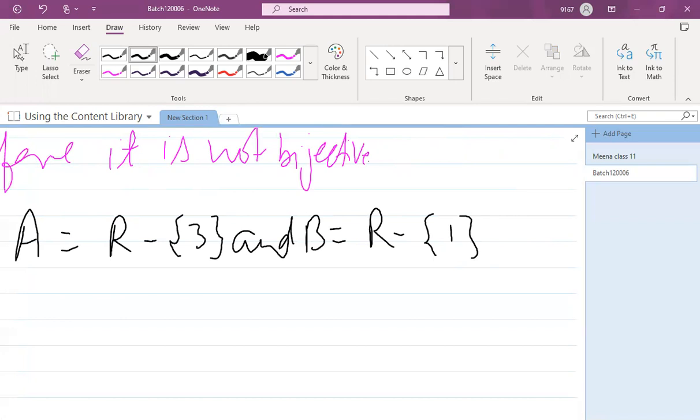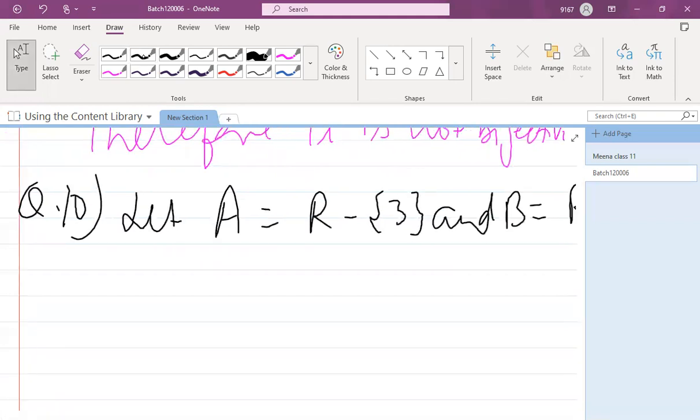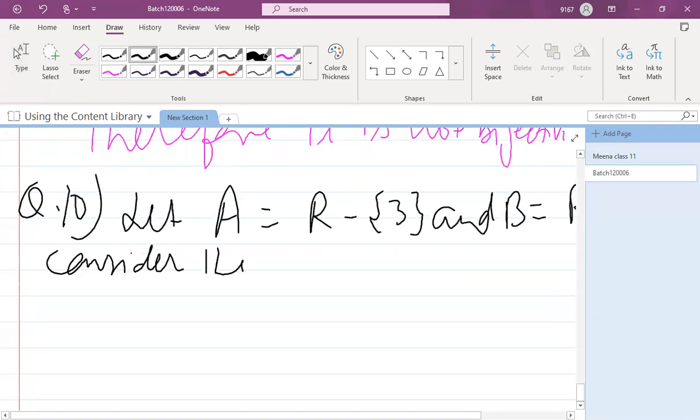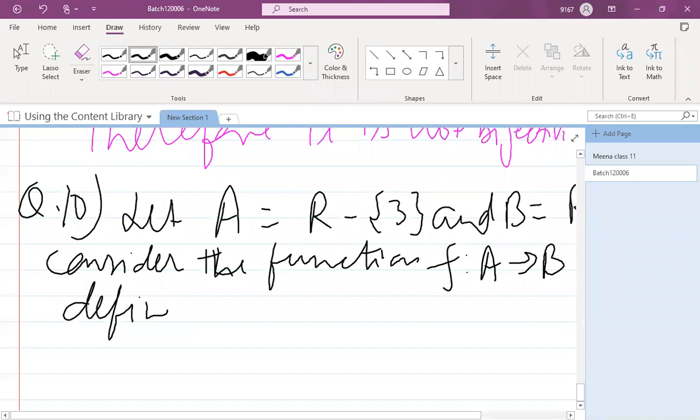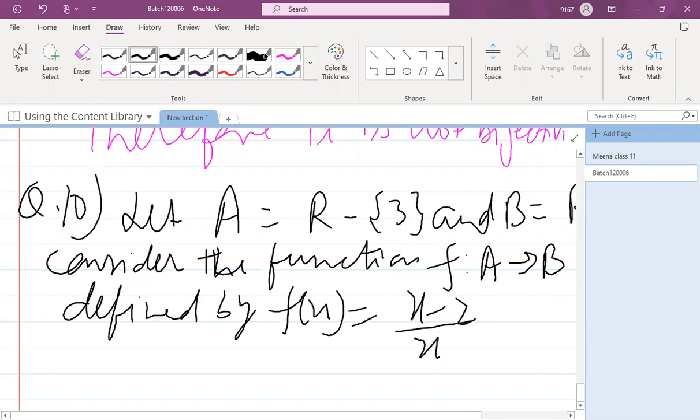Consider the function f mapping from A to B defined by f(x) equals (x minus 2) upon (x minus 3).